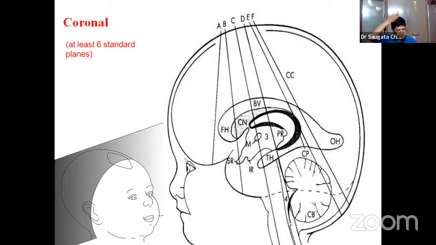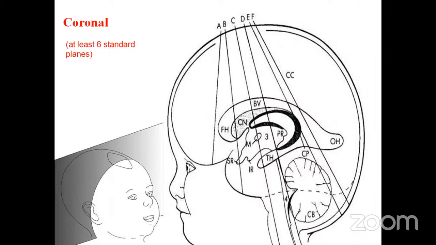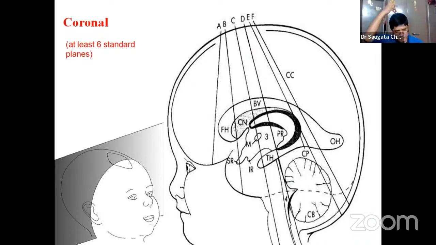You can angle anteriorly or posteriorly, but the probe should be fixed, and you just swap it in that way. Even in the sagittal view, we keep the indicator toward the frontal side, and you swap laterally and medially. So you must fix it, and gradually give the angulation this way.